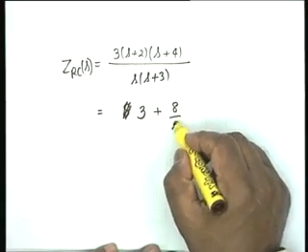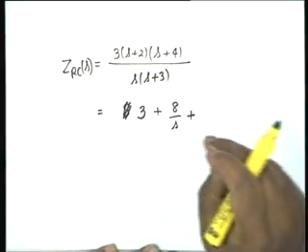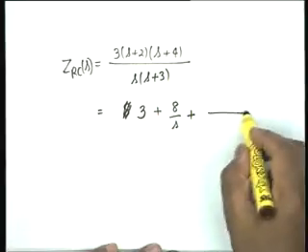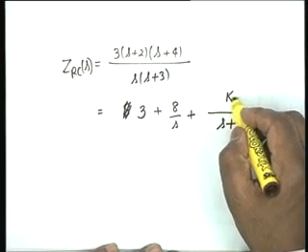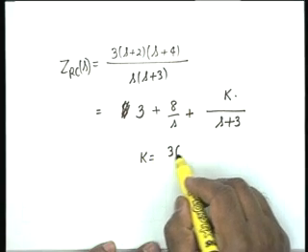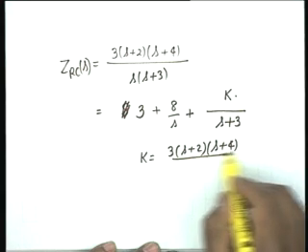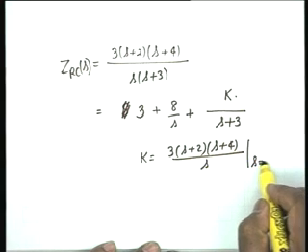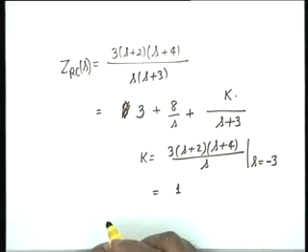So, it is 8 by s plus only one internal pole on the negative real axis, s plus 3, and the numerator shall be some constant k. What is k? You find k like this: multiply this by s plus 3 and put s equal to minus 3. It is 1.